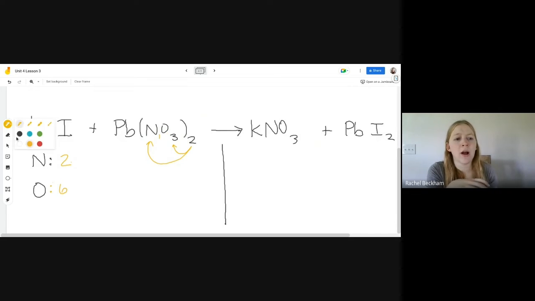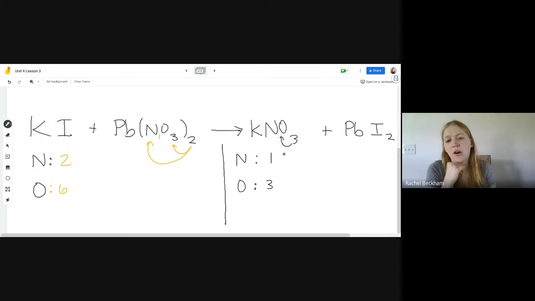When I look on the right over here, when I have N and O, there's not a subscript on the outside. So I have 1 N and 3 O's. Remember that this 3 only applies to the O, not to anything else. But when you have a subscript outside of a parenthesis, it applies to everything on the inside and it multiplies. So I have twice as many, right?